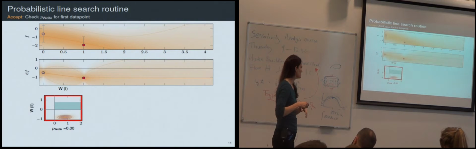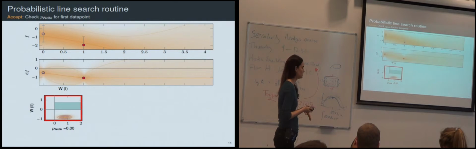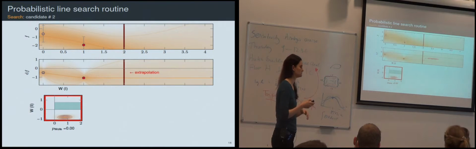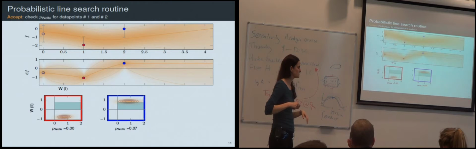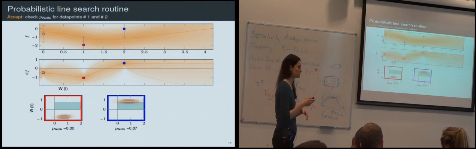This one doesn't lie in there, so this point is for now rejected. Then the algorithm tries to extrapolate again, evaluates, updates the GP, and again checks this point. And this one lies only about 7% inside of the green area, so we also don't accept it for now.